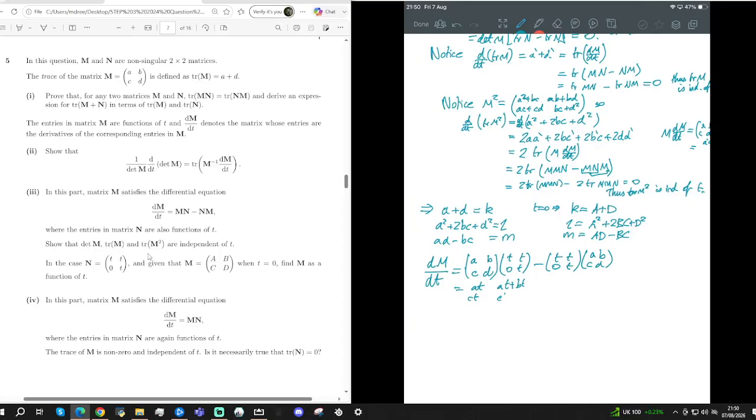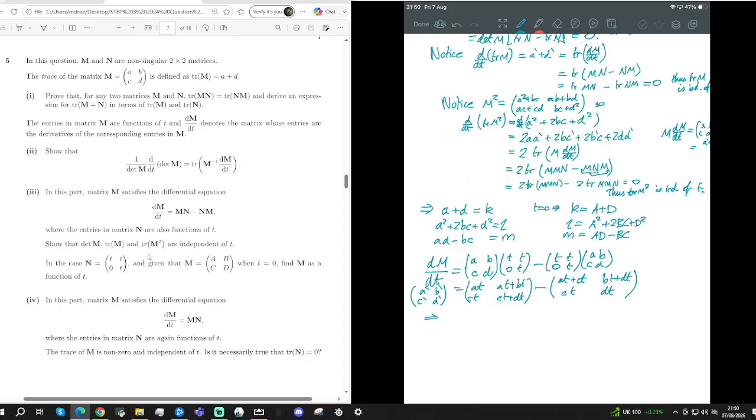And then finally ct plus dt, minus, this is going to be at plus ct, bt plus dt, just ct, and finally just dt. And we can say that this is actually b dash, c dash, a dash, b dash, c dash, d dash.